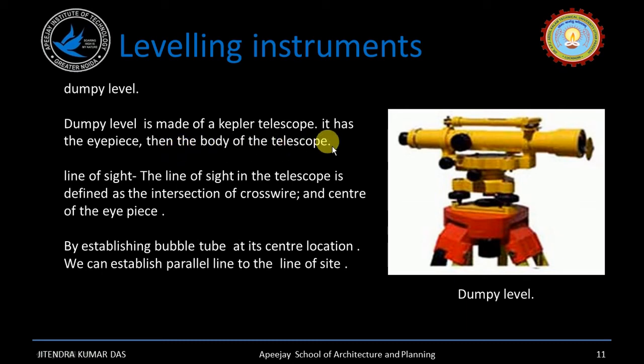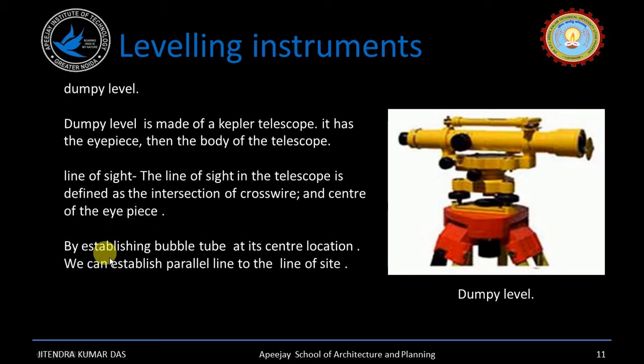Now next is the line of sight. The line of sight in the telescope is defined as the line through the intersection of the crosswire and the center of the eyepiece. Those two points define the line of sight.